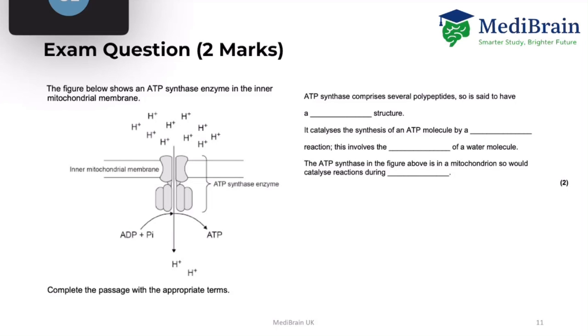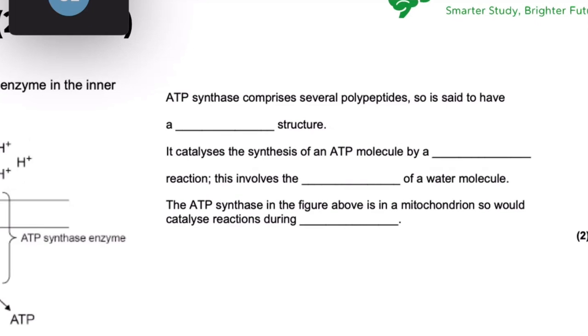The figure below shows an ATP synthase enzyme in the inner mitochondrial membrane. It says complete the passage with the appropriate terms. ATP synthase comprises several polypeptides, so it is said to have a what structure? Because it's polypeptides, we know it's talking about proteins.